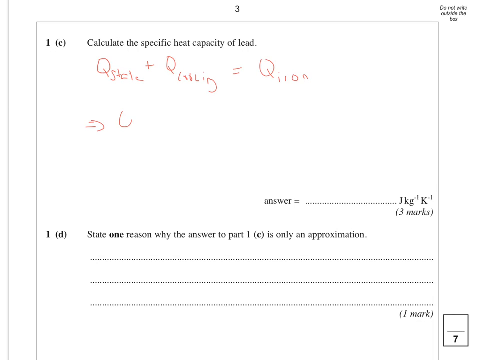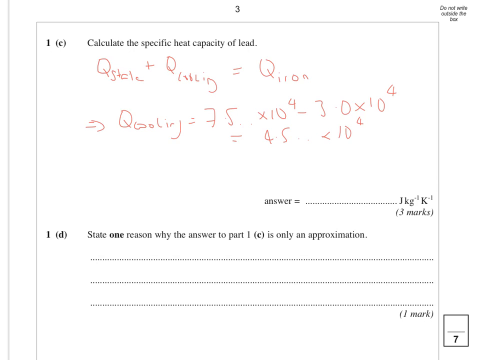So the cooling energy is going to be 7.5 times 10 to the 4 minus 3.0 times 10 to the 4. Let's just quickly calculate that, so 3 times 440 times 84 minus 27 is 7.5 times 10 to the 4, minus 3 times 10 to the power 4. So we've got 4.5 times 10 to the 4.